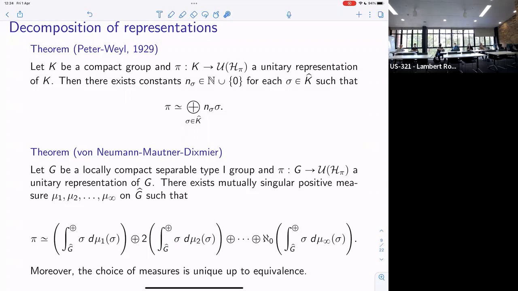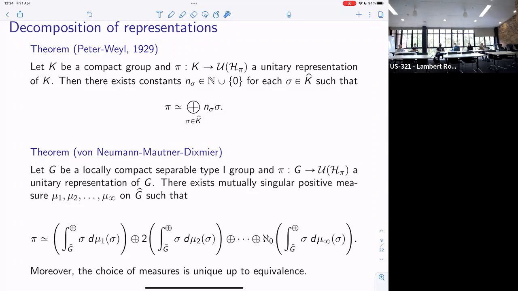But when our group does not satisfy this type 1 property, then we can no longer reduce the study of general unitary representations down to studying solely irreducible unitary representations. So for non-type 1 groups, it's quite difficult to understand the unitary representations, but it's often quite feasible to classify the unitary representations in general for type 1 groups.